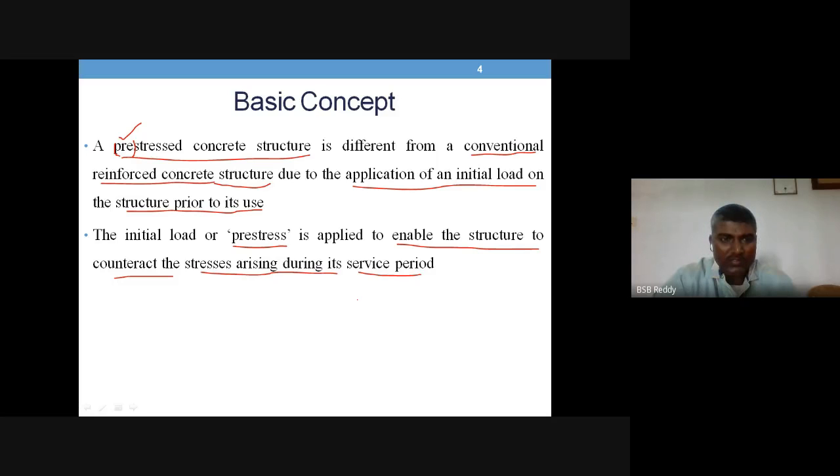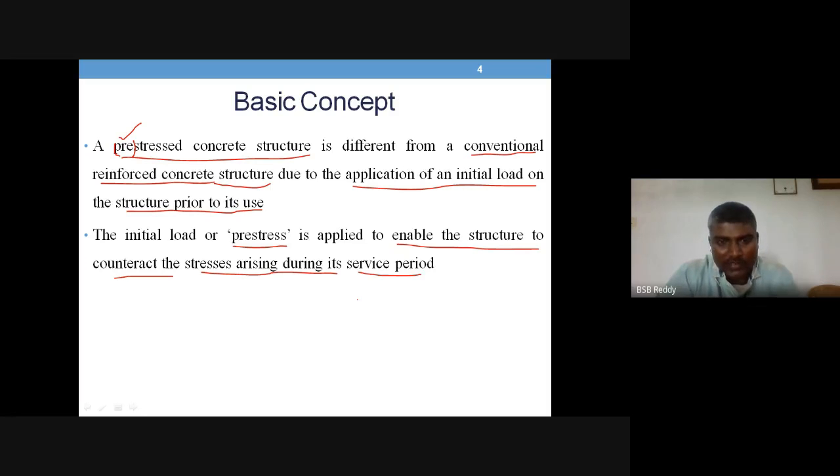If you induce or develop pre-stress, a stress which is opposite to the expected stress in its service period, that is what we call pre-stress or initial load. That makes the structure counteract the stresses to come in its service period. For example, if a cantilever beam is there, we expect the top surface of the beam to have tensile stress.